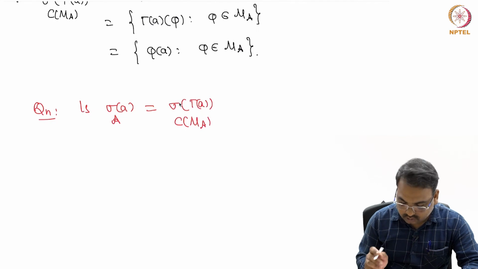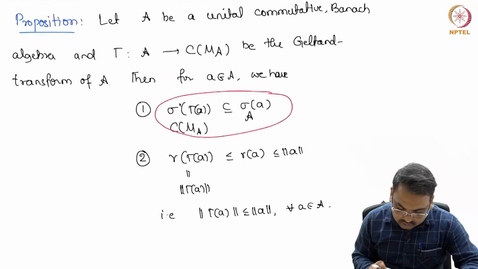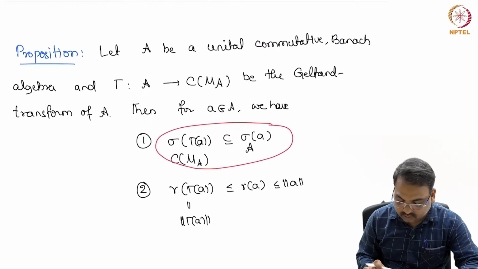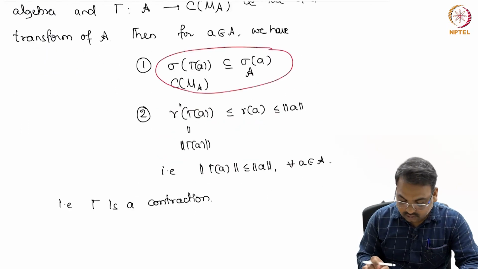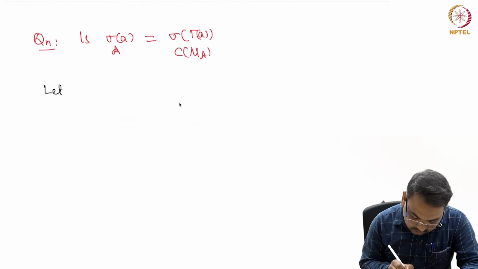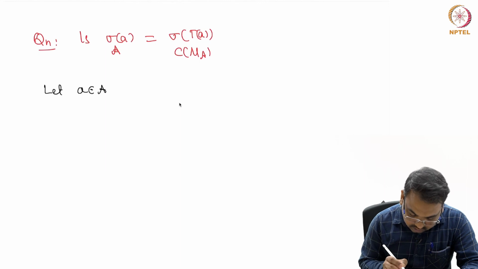We have observed that whenever an element is invertible in A, gamma A is also invertible in the codomain. Now suppose A is not invertible. So let A be an element in A which is not invertible.